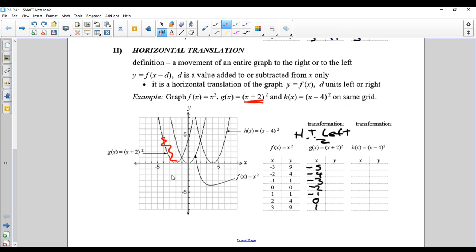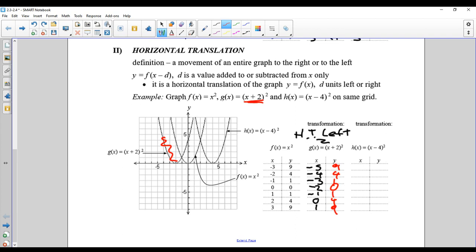Now, what happens to the y's is the next question. What's going to happen to y? Excuse me, yes, Shreyash. They stay the same. Because it's a horizontal translation, horizontal has to do with the x-axis, so your y values are unaffected. So my y values are still 9, 4, 1, 0, 1, 4, 9.